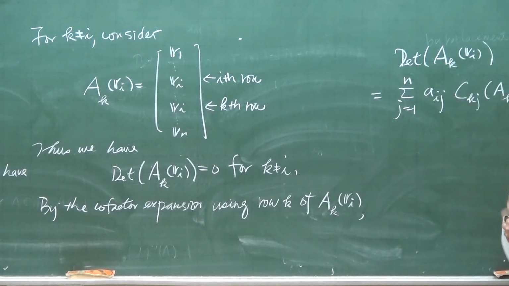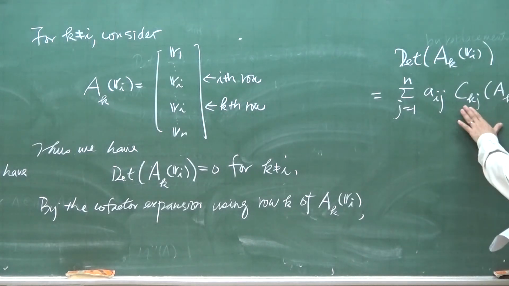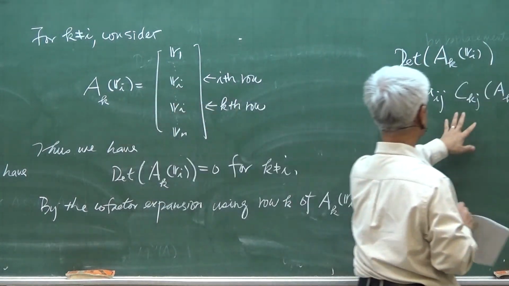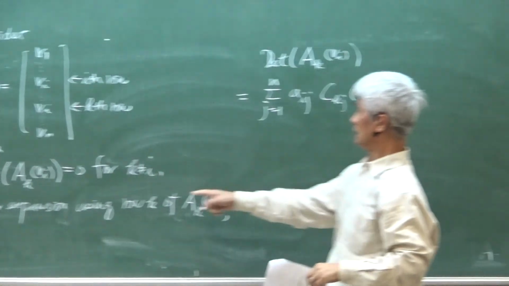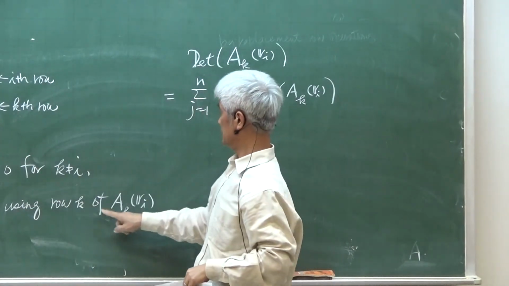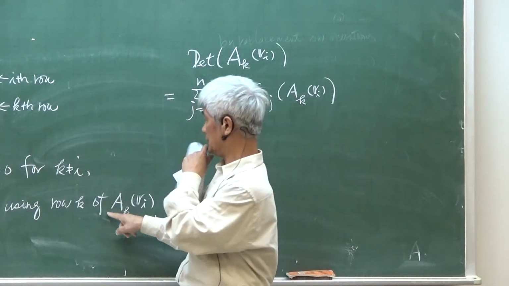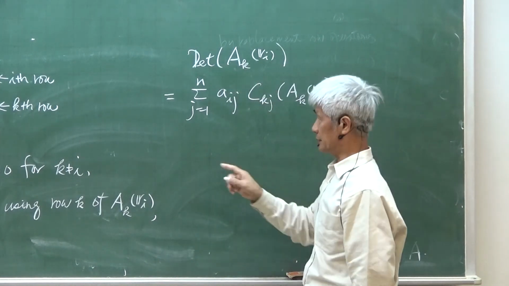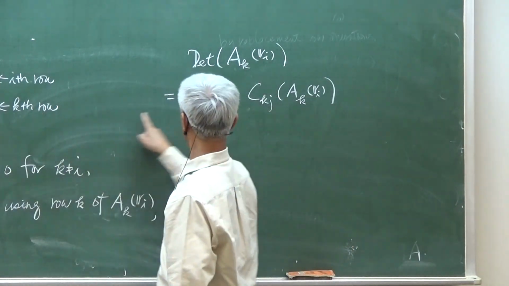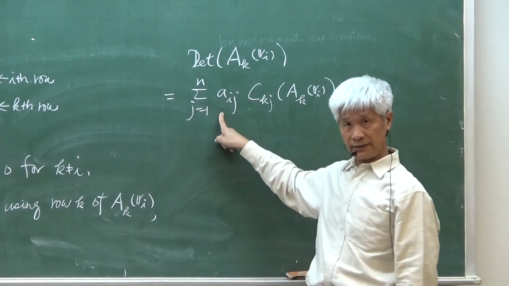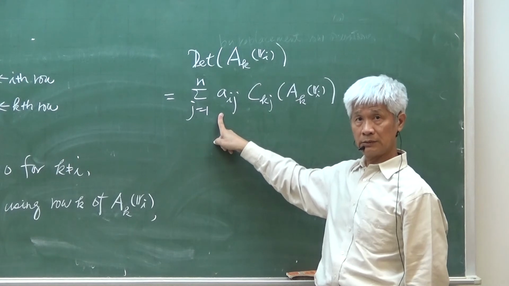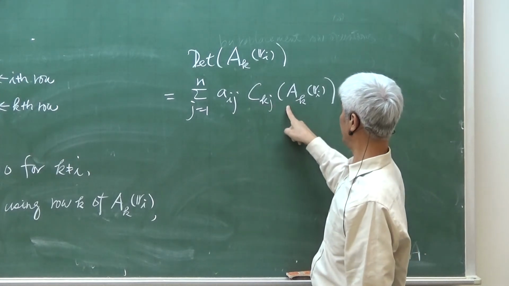Right? And so this is the cofactor of this matrix, the Kj cofactor, because we expand the determinant of A_K,i by the Kth row, and these are the entries in the Kth row.